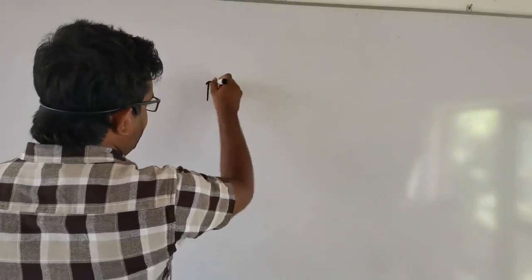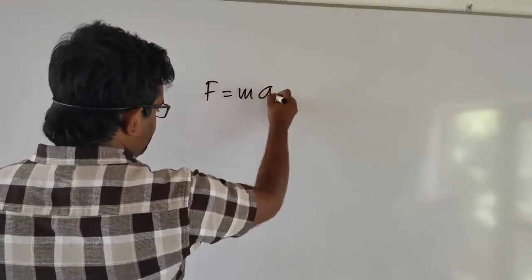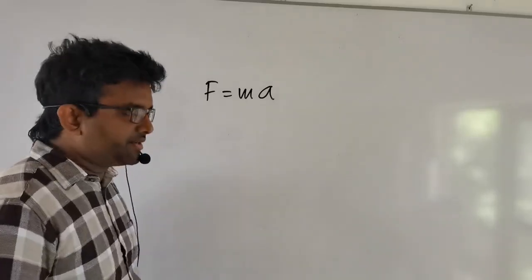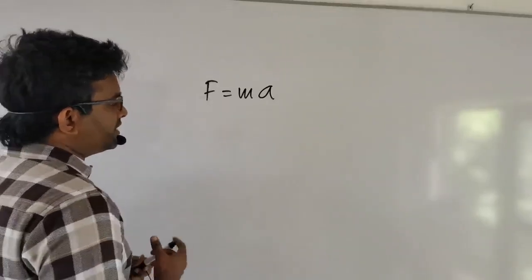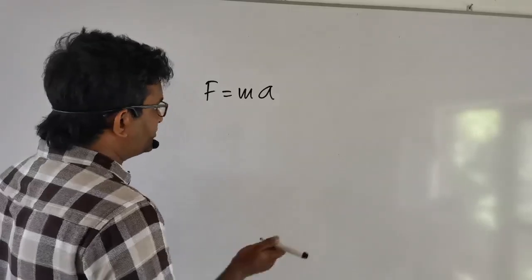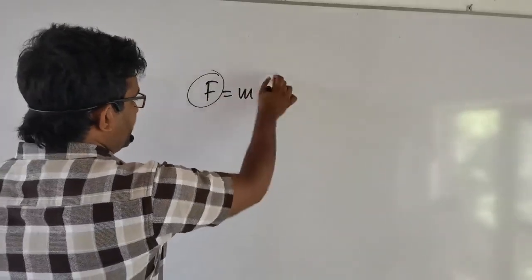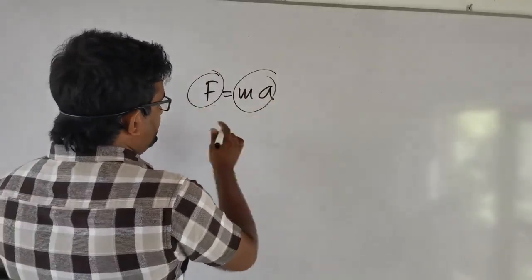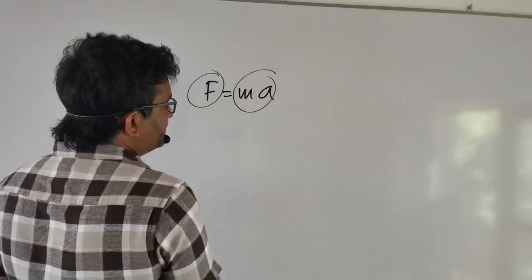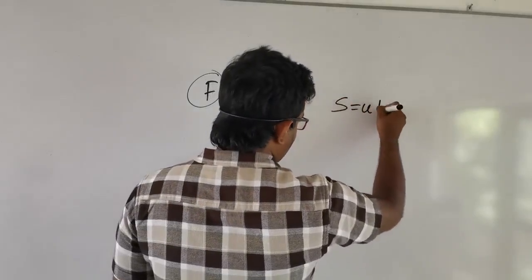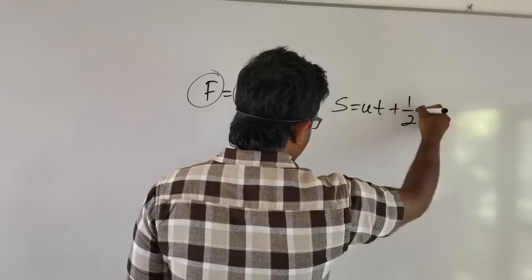Then I'll consider this equation, F equals ma. The terms are always separated by an equal mark or by positive or negative signs. So here we have two terms. I'll write another one: s equals ut plus half at squared.